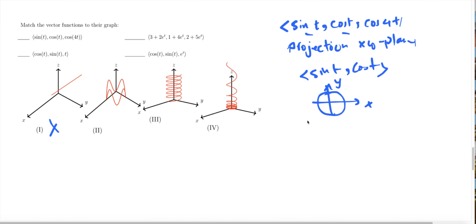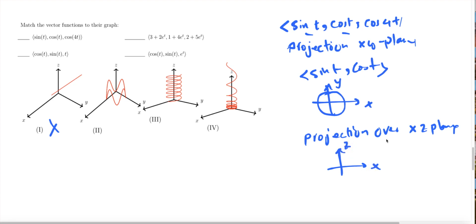Now, the next part is to find a projection over, let's say, the xz plane, and that is x and z, sine of t and cosine of 4t.